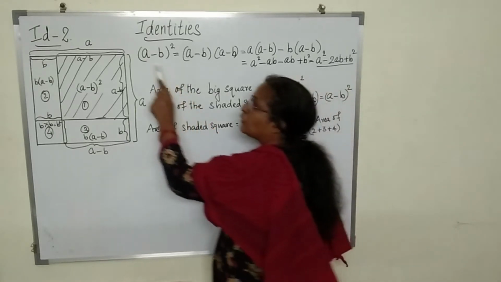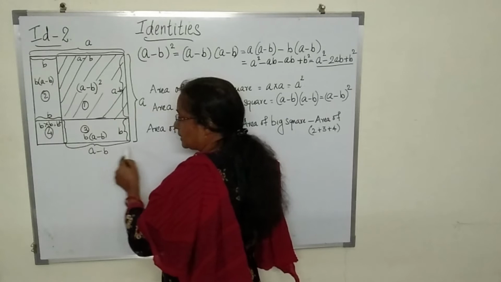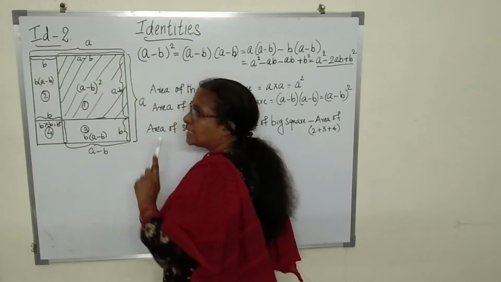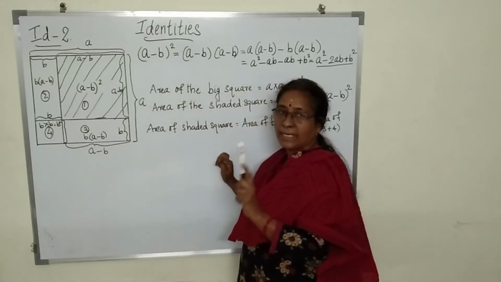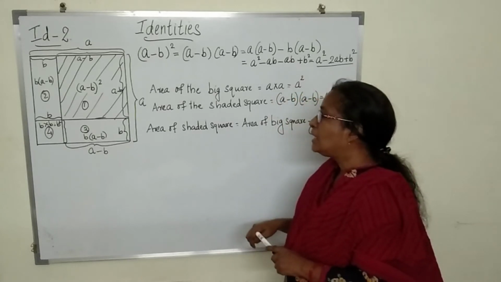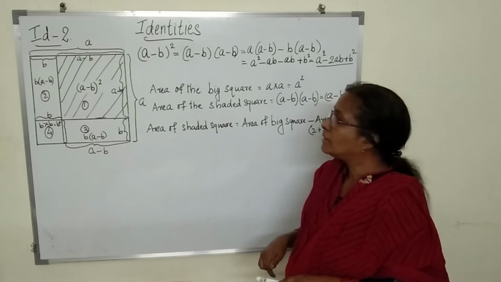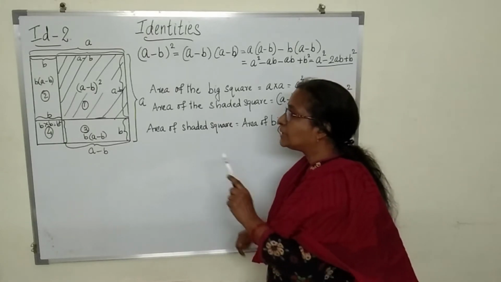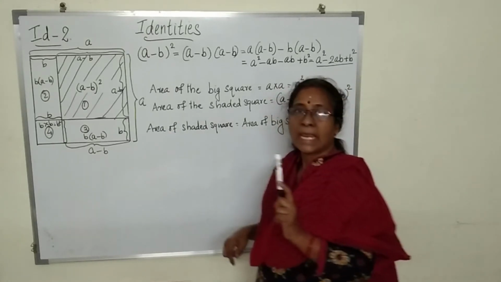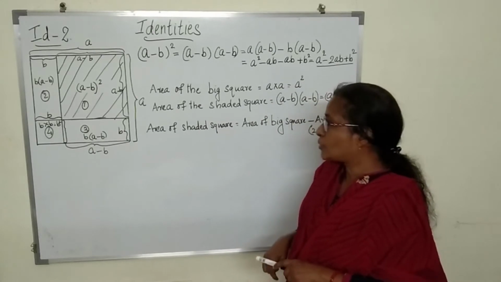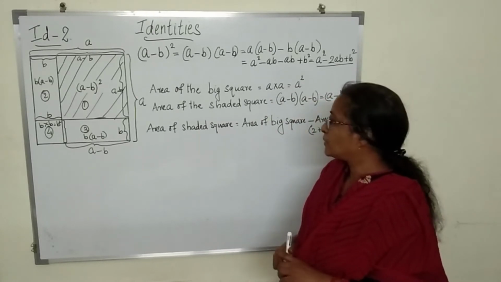Now, what is the area of the big square? The side is A, so its area is A multiplied by A. Now, using the diagram, we are going to find the area of the small square, which is (A minus B) whole square. How to find it out?